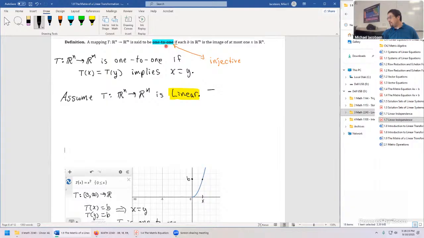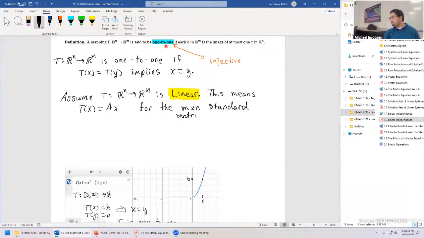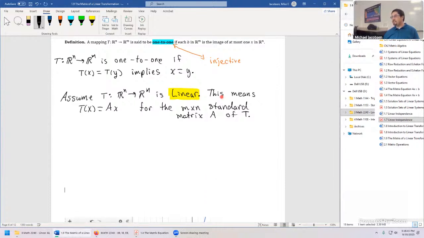So let's say here, this means T of x equals Ax for the m by n standard matrix A of T. And so that's a great way to get started.